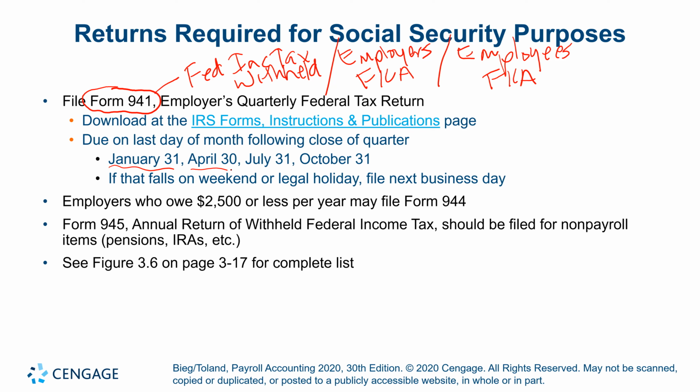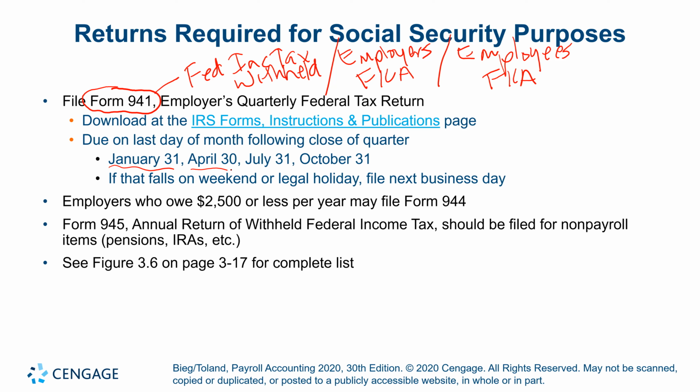So employers who owe $2,500 or less per year can file the form 944. And it talks about this at the bottom of page 17 of chapter 3.